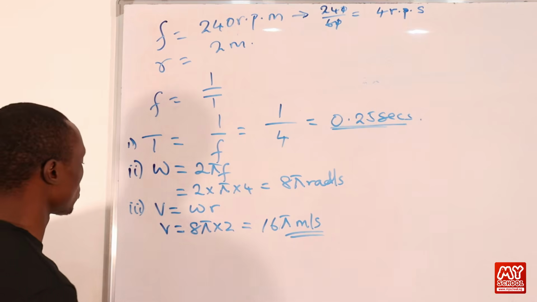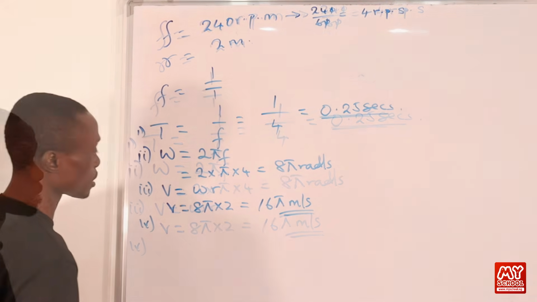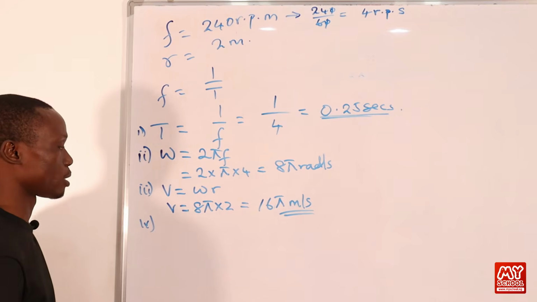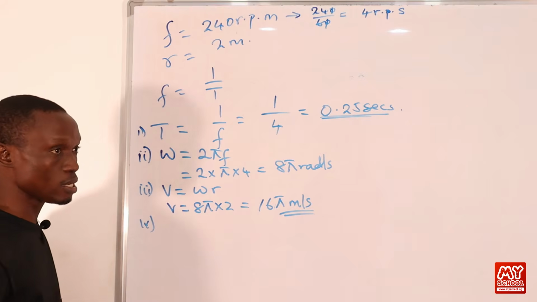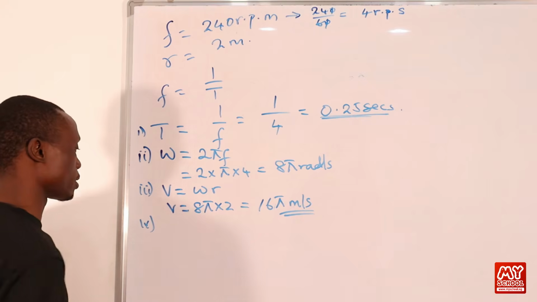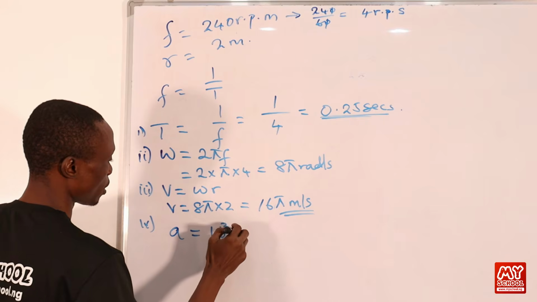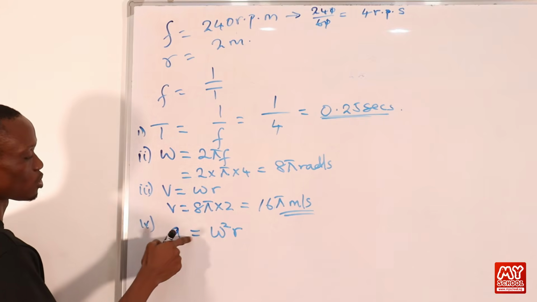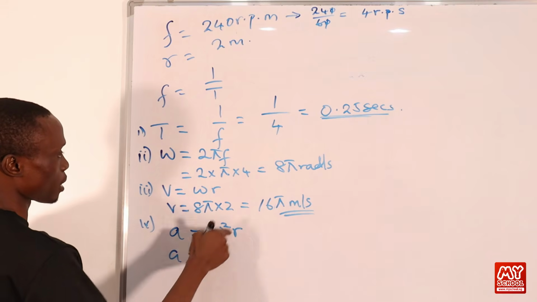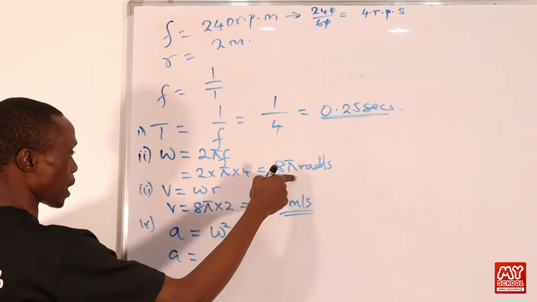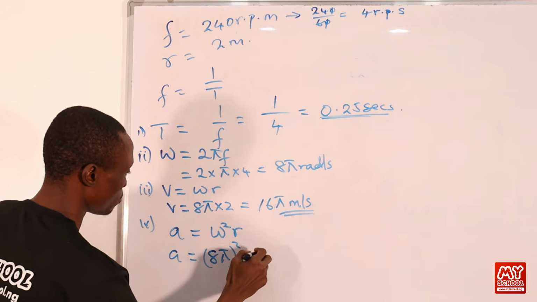Now let's move to the fourth question, where we are asked to calculate its acceleration. The acceleration that they are talking about is actually linear acceleration. Remember that there's a relationship between linear acceleration and angular velocity, and that is given as a is equal to omega square r. So a is equal to, of course, our omega, which is 8 pi radian per second. So we'll have (8 pi) square, then times 2.